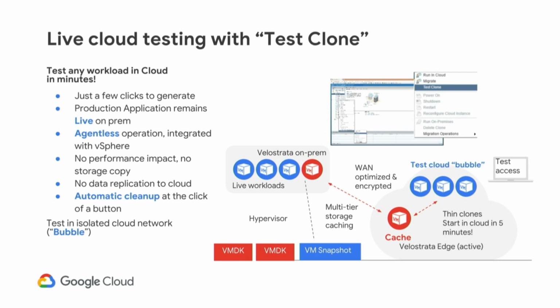Another very handy capability that Velostrata provides is what they call test clone. Right? This allows you to quickly select one of the servers that you have in your on-premise environment and clone it into the Google Cloud with no friction at all.